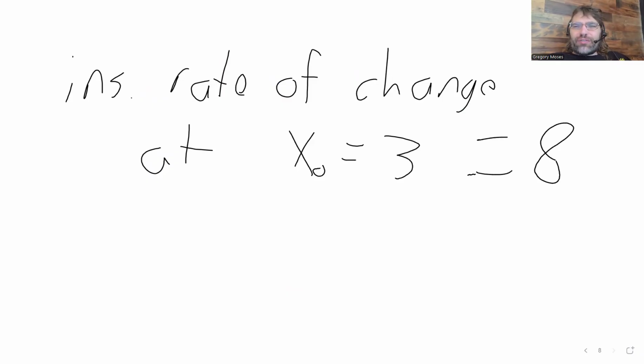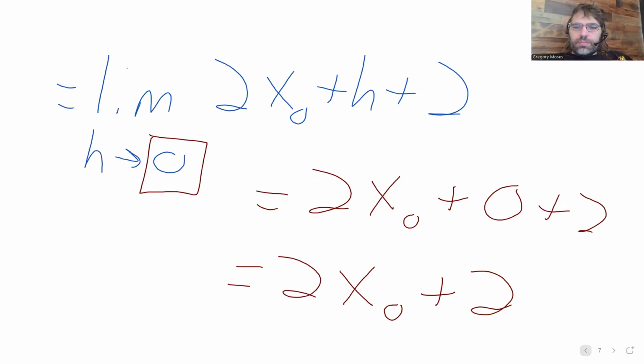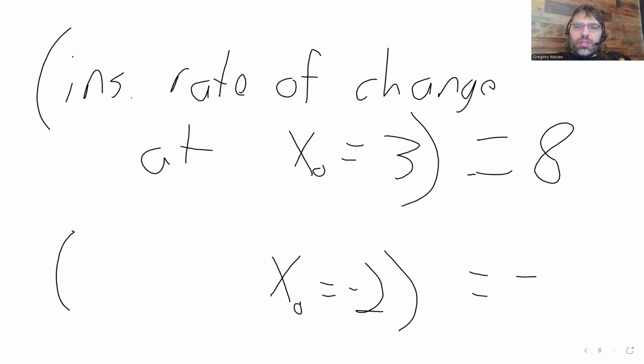Sorry for that very bad notation. And if we want to know the instantaneous rate of change at -2, well, 2 times -2 is -4, plus 2 is -2.